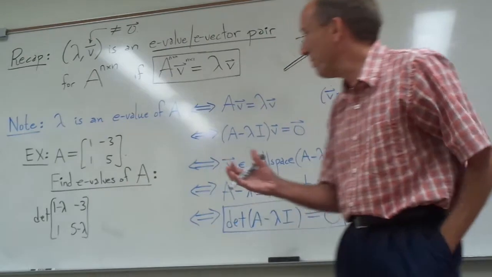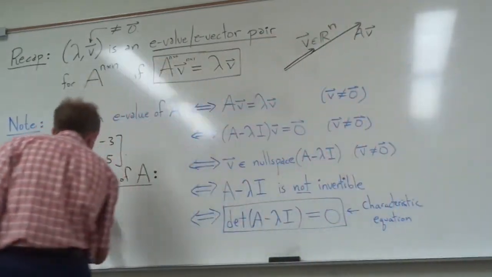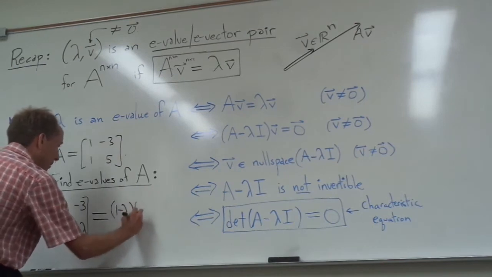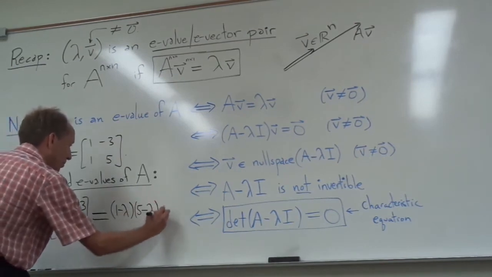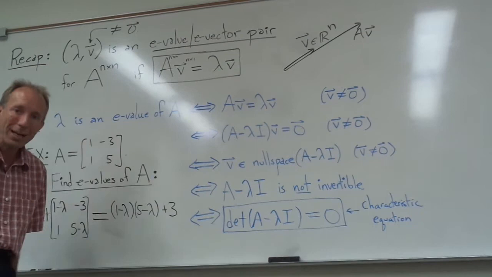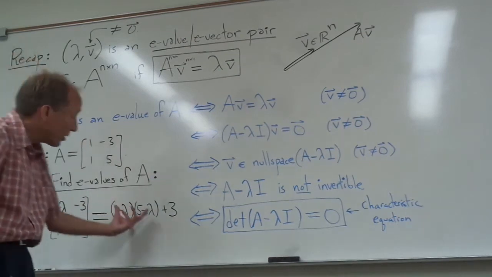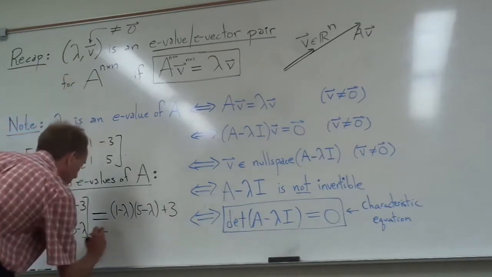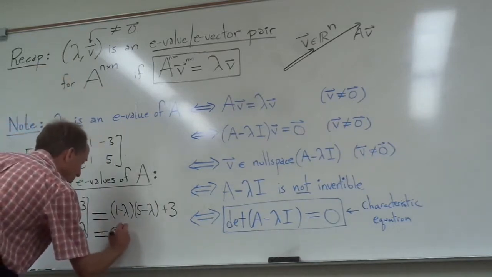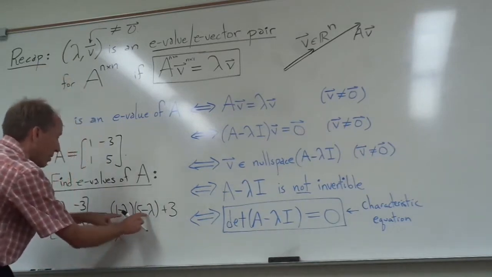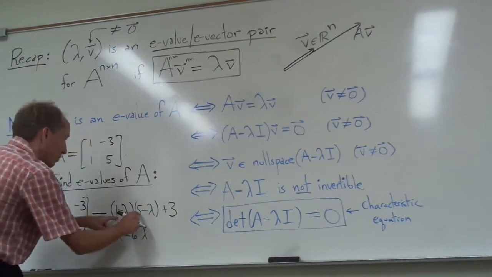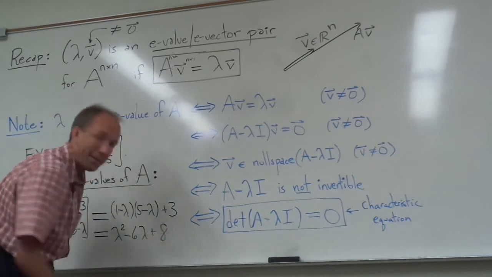So for a 2 by 2 matrix, finding the determinant is not too difficult. We're going to get (1 minus lambda) times (5 minus lambda), plus 3. My characteristic equation is going to be a quadratic. If I actually go ahead and multiply this out, I'm going to have lambda squared minus lambda minus 5 lambda, that's minus 6 lambda, plus 5 plus 3, which is plus 8.